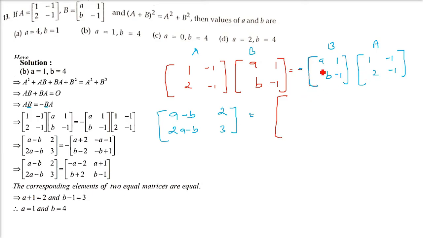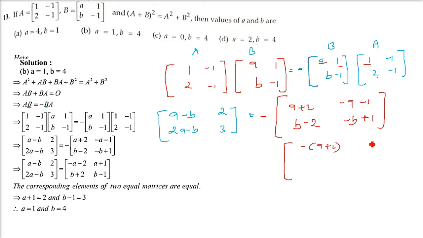First let us multiply. a plus 2. Then a into minus 1, that is minus a. And minus 1 into 1 is minus 1. So here b into 1 is b, minus 1 into 2 is minus 2. Then we have b into minus 1 is minus b, and minus is plus 1. Negative is outside, so you just have to multiply negative 1 inside.